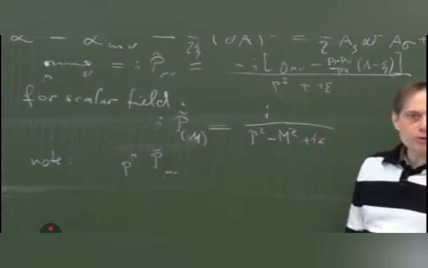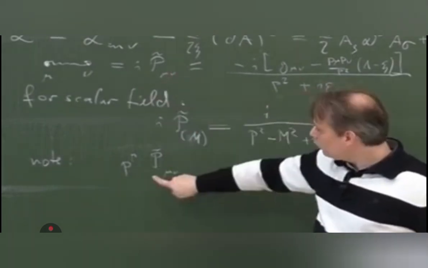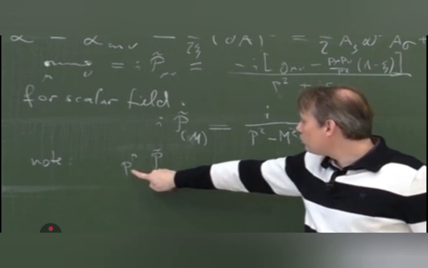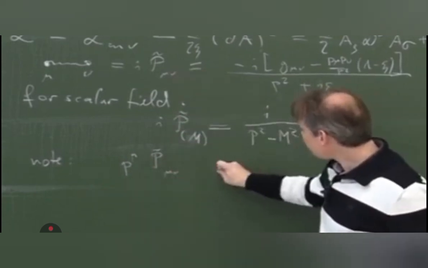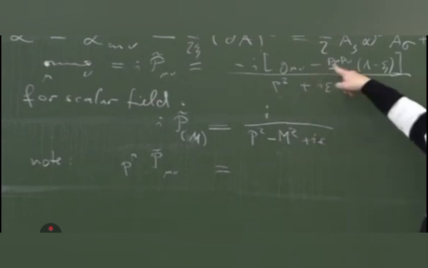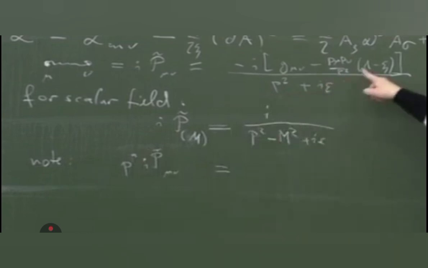So let's begin by contracting our photon propagator at tree level with the momentum: p^mu contracted with this p-tilde_mu nu. What is the result if you contract this entire expression? Let's also add the i. If you contract the entire expression with p^mu, I give you 30 seconds of time to do the contraction.